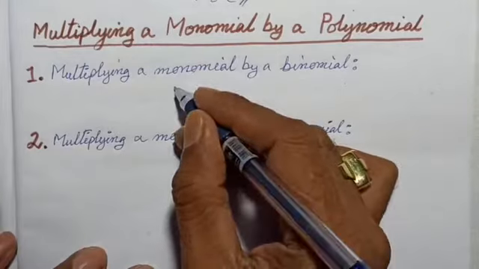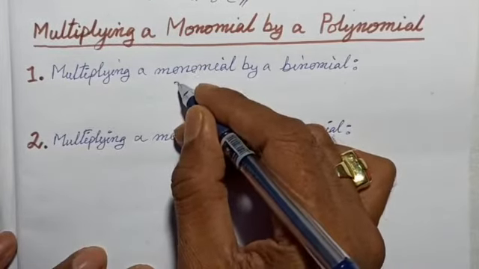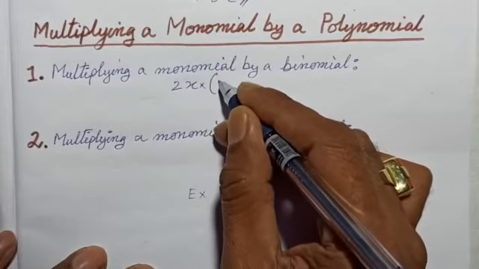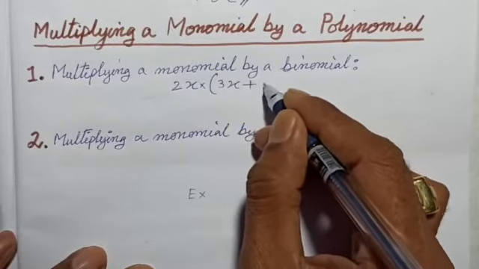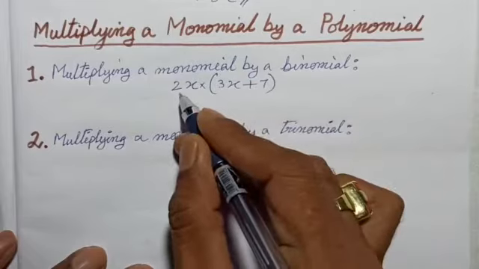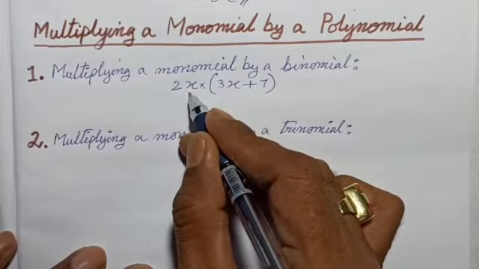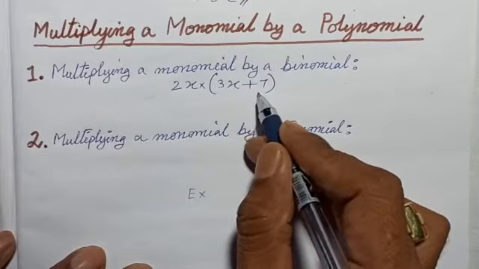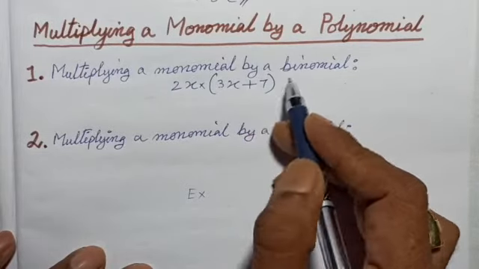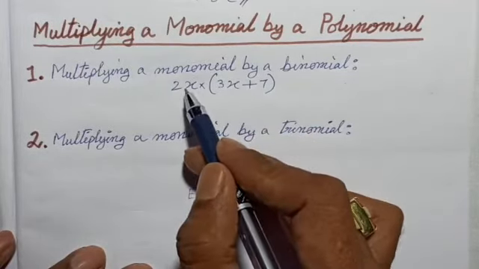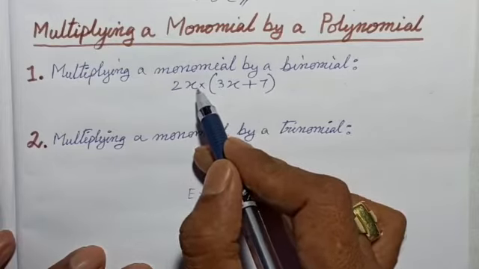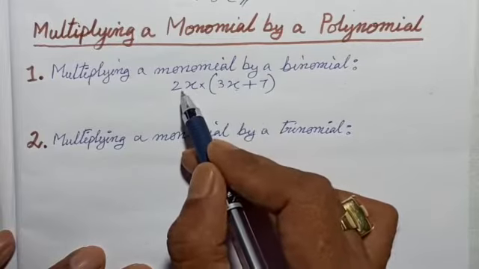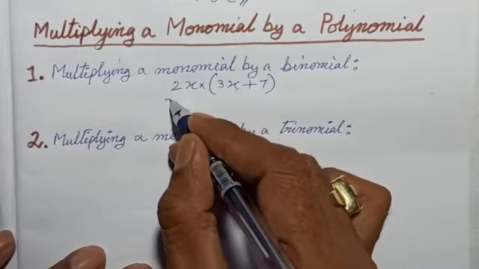Suppose 2x into 3x plus 7. Here this 2x has one term, so this is called monomial, and 3x plus 7 has two terms, so this is called binomial. So a monomial and a binomial, how we can multiply them, let us see.